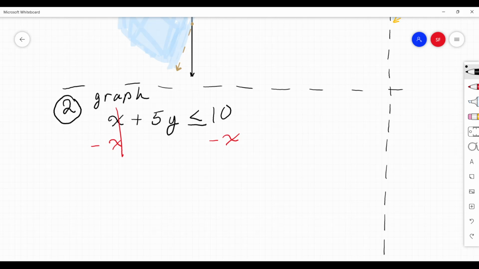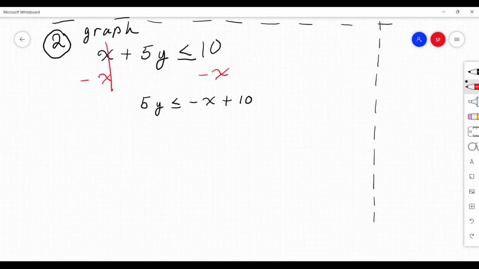So what do we end up with? 5y is less than or equal to 10 minus x, or it would be negative x plus 10 to get to the slope-intercept form. Both are true. What should we do now? Divide by 5.